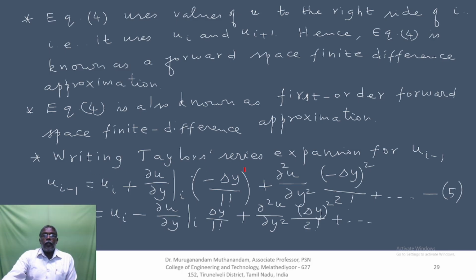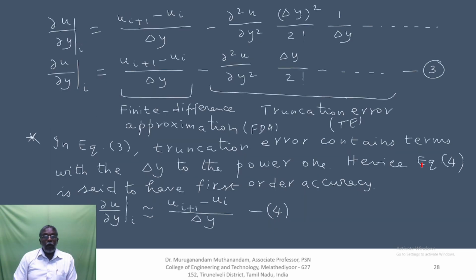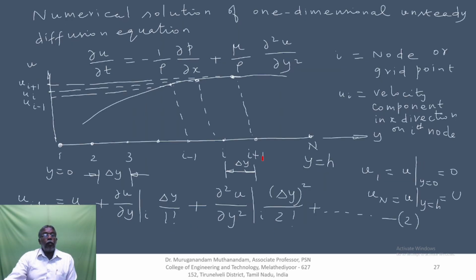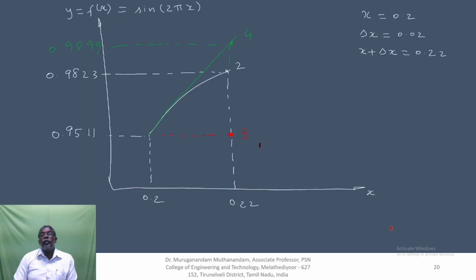Now, writing the Taylor series expansion for ui minus 1. Here we have written the Taylor series expansion for ui plus 1, that is f of x plus delta x is equal to f of x plus partial f upon partial x delta x by 1 factorial plus partial square f upon partial x square delta x square by 2 factorial plus etc., as we have in the Taylor series expansion.